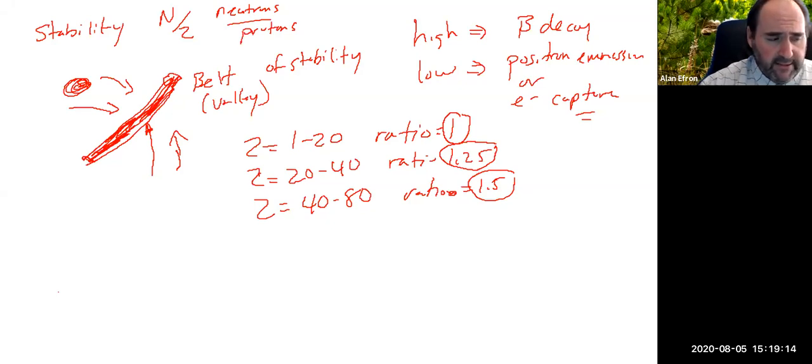We also talked about the idea, just to finish up on the stability part, that when you do those decay processes, it doesn't necessarily mean that the next step, whether it does a positron emission or a beta decay, is going to give you something with a perfect ratio at that point. But as we talked about, it should move you towards that belt of stability.